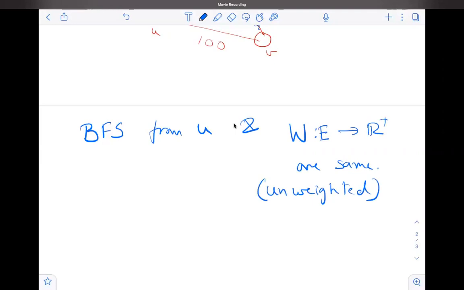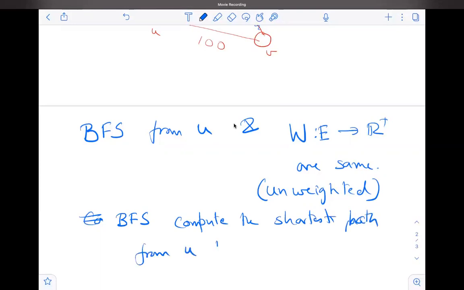So it's unweighted. Then using BFS you can compute the shortest path from U to V.